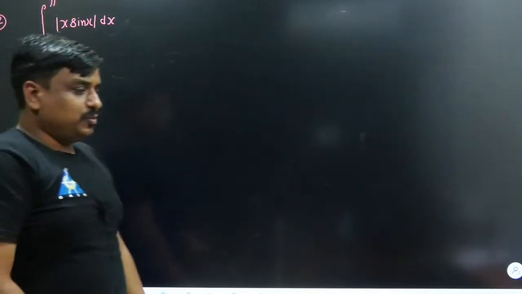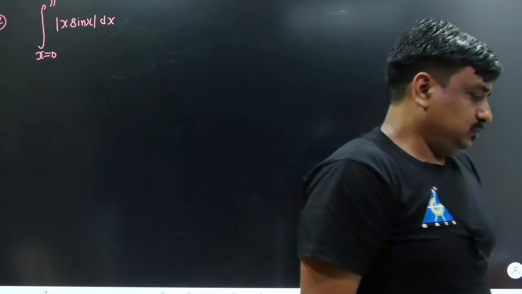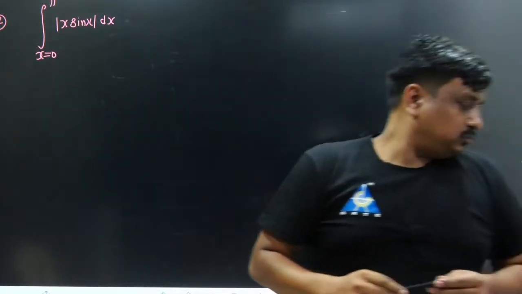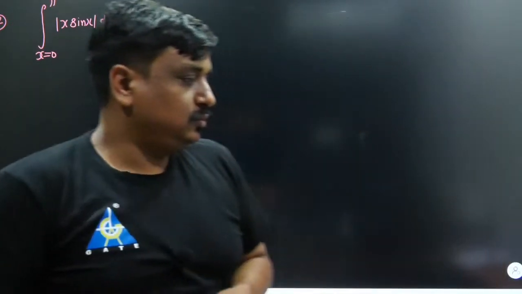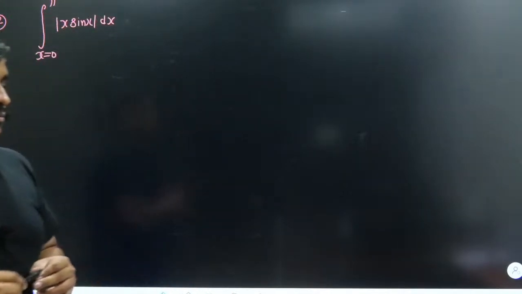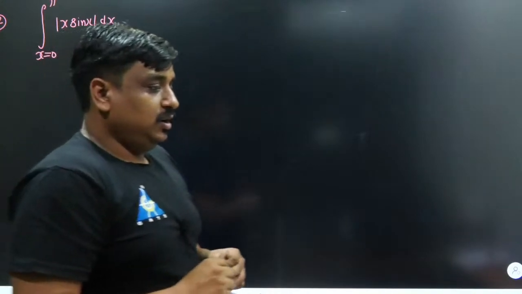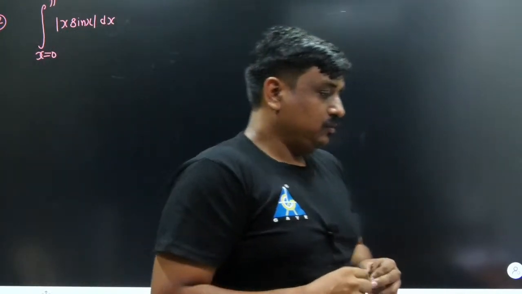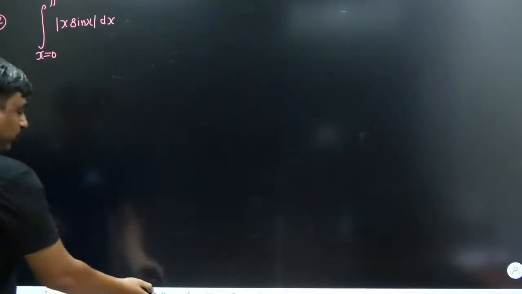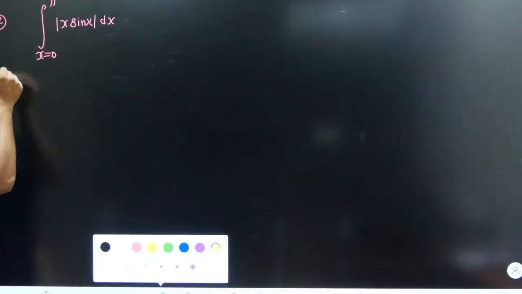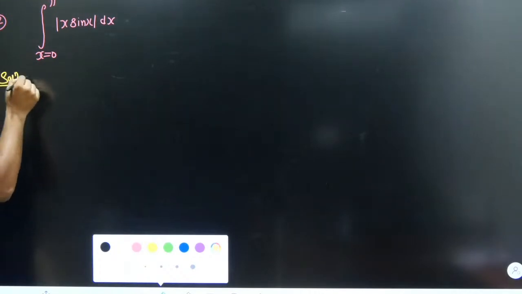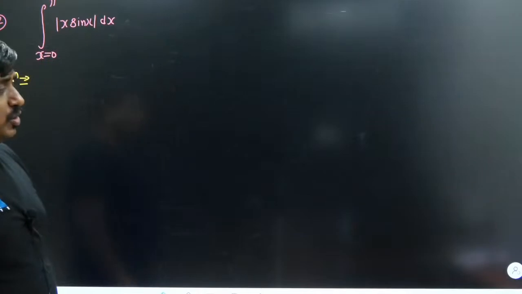May I know what would be the best answer? Okay, let me move forward. If we discuss the behavior of mod of x sin x over the xy plane, how would it look like?